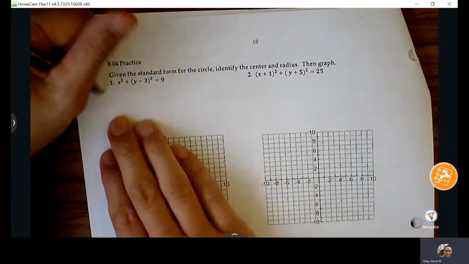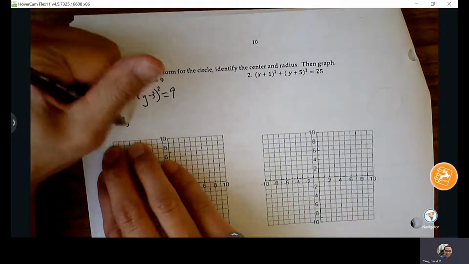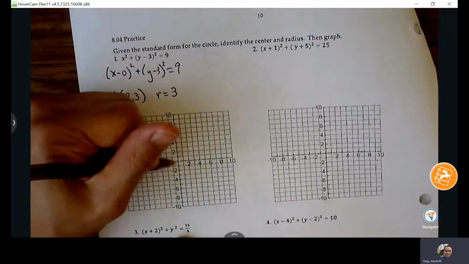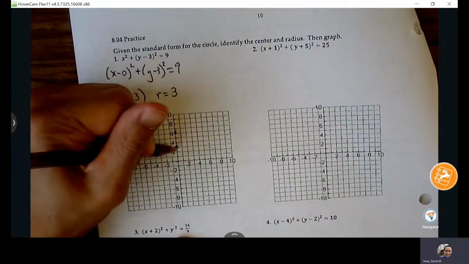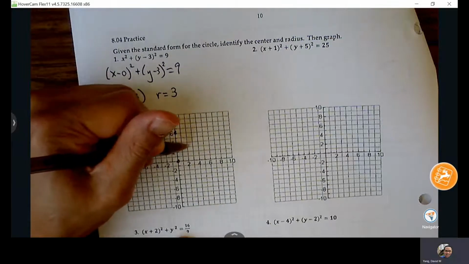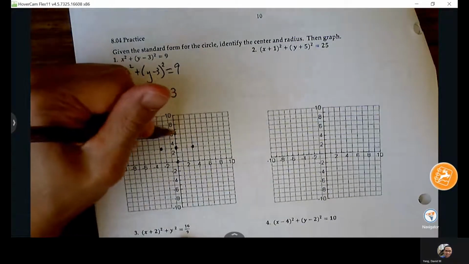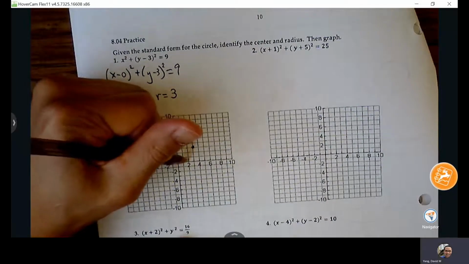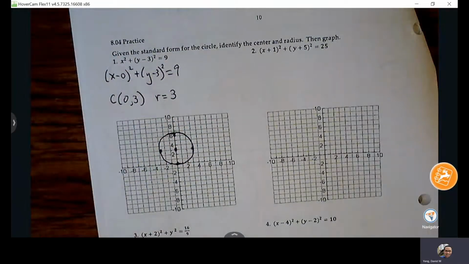I'll leave it on this page for another minute. Okay, does anybody still need this page?